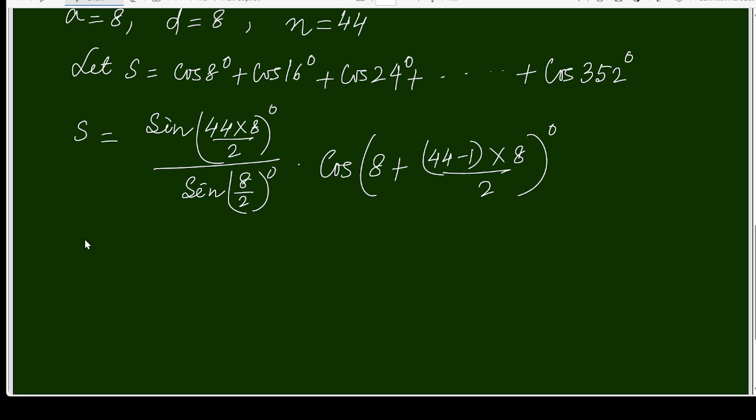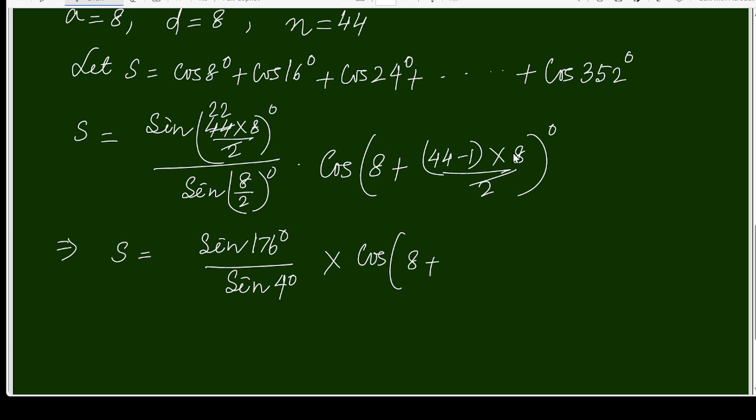So s equals sine 176 degree over sine 4 degree, multiplied by cos of 8 plus 43 into 4. 43 into 4 is 172, so this will be cos 180 degree.